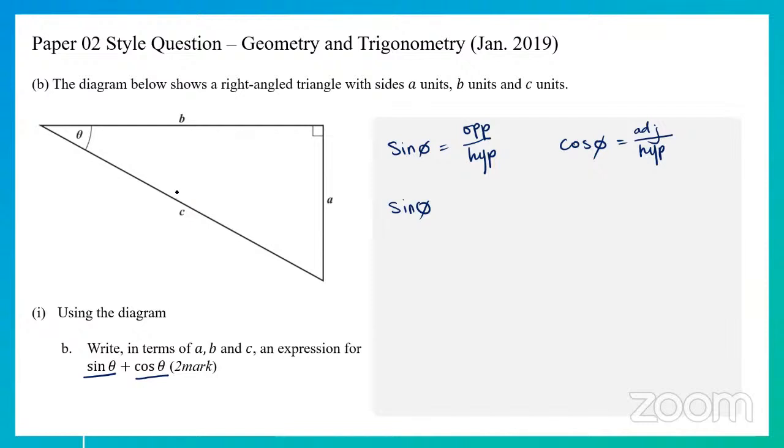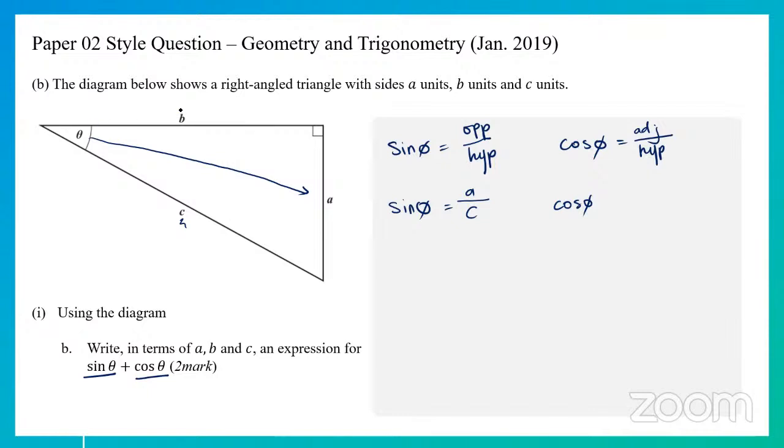And our hypotenuse, as mentioned before, is C. So sine theta is going to be A, just using these lines to label, and the hypotenuse is C. So sine theta is A over C. Now cos theta, once again, our theta being our angle right here, cos theta is adjacent over hypotenuse. Our adjacent side is the side that is directly touching the angle.